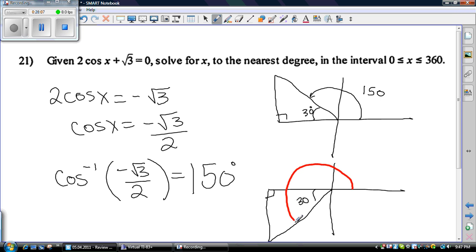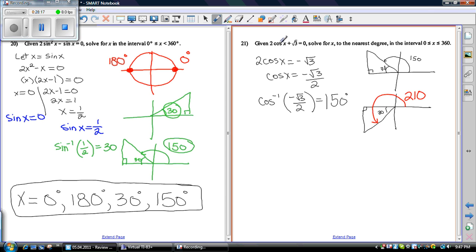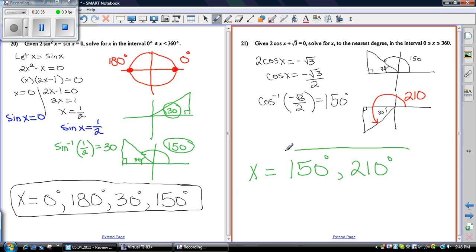Well, the other angle is 180 plus 30, 210. And so our final answer is that x is going to be equal to 150 degrees and 210 degrees. That's it.